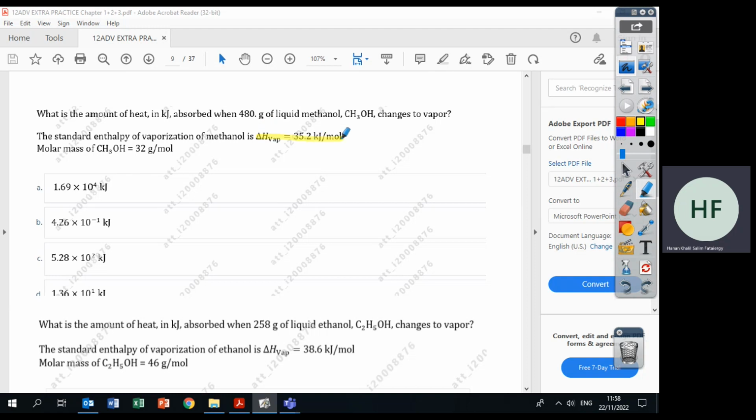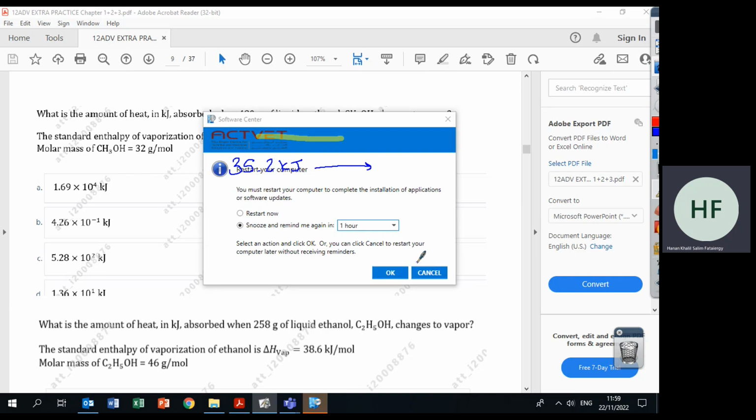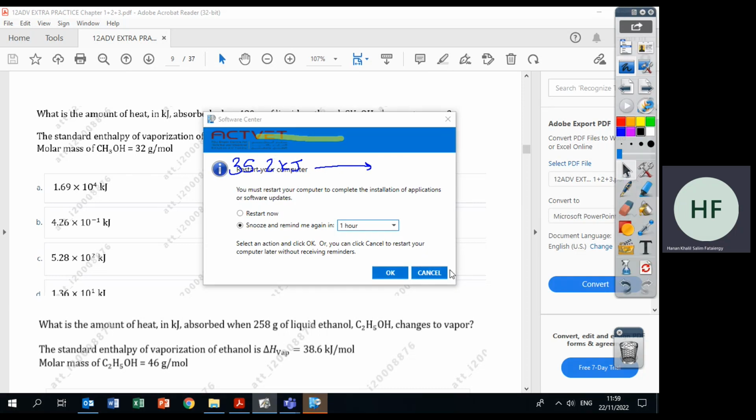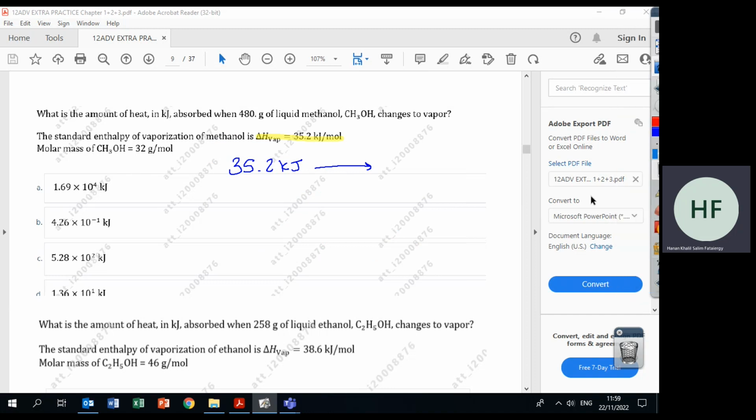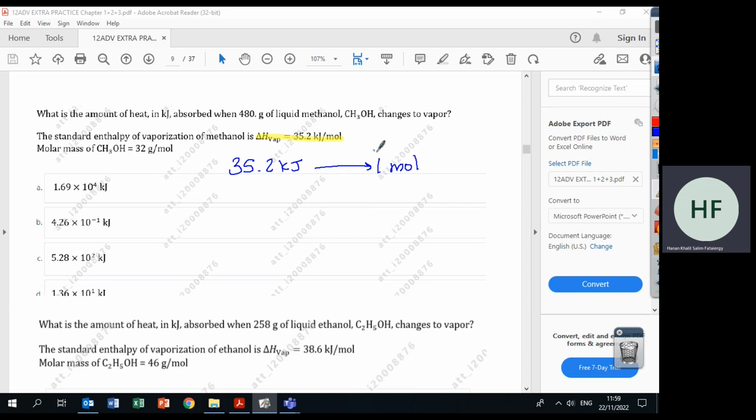Always I will start with the standard enthalpy. This one. Okay, I will say 35.2 kilojoules. This is per mole, meaning this is for 1 mole. Whenever you say per mole, this means for 1 mole.